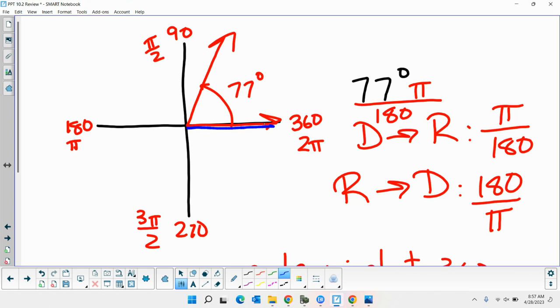We start here, and we go this way, and we're going to stop right there. That would be the coterminal. How many degrees would that be? 90, 180, 270 plus how many? 13. What's 270 plus 13? 283. But it's negative because we're going that way. Okay? So just a quick review of section 10.2.